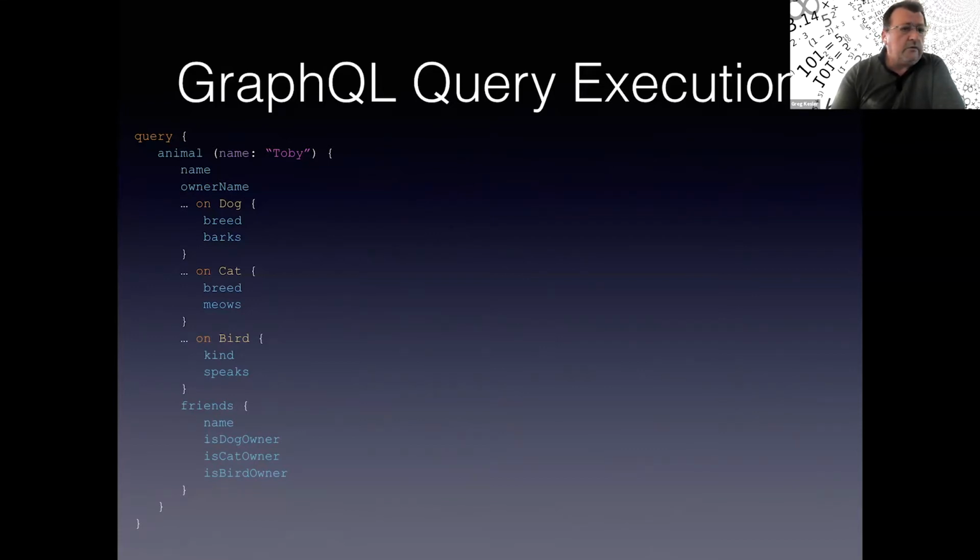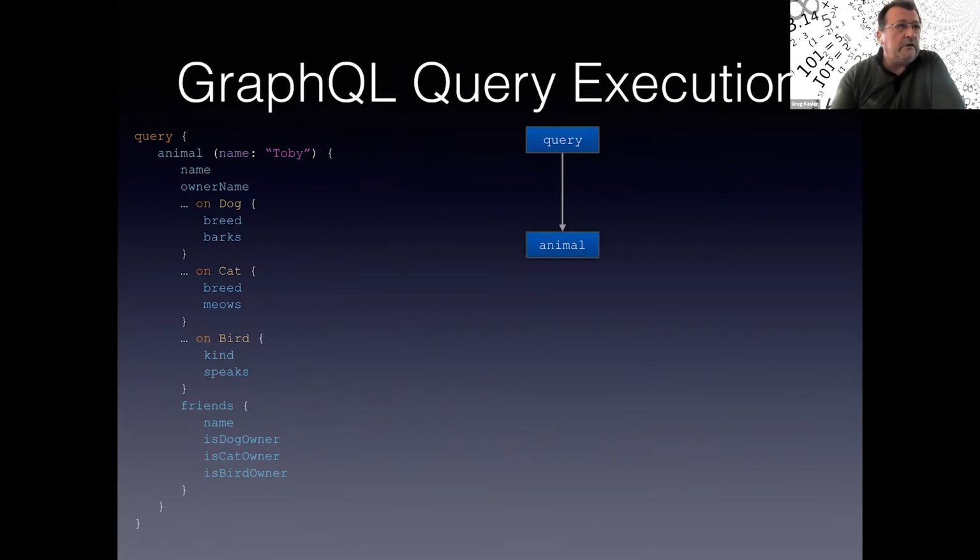The execution begins by collecting the fields in the topmost selection set. In our case, the topmost selection set is the selection under the query element of the query, and we have one field to collect, which is animal. So imagine that we have collected that animal field.